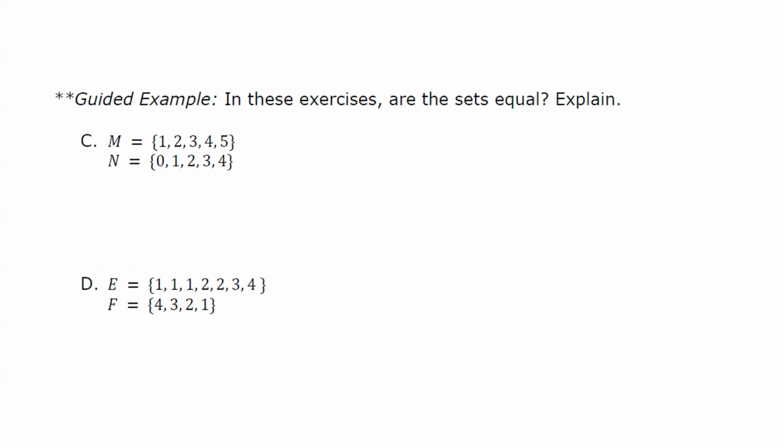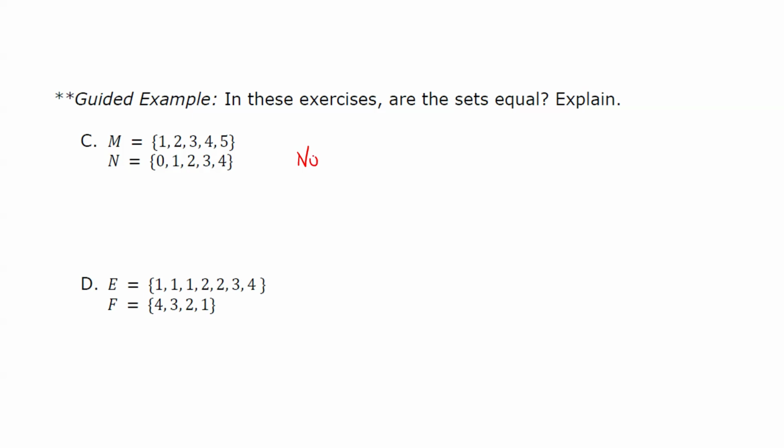All right. In these exercises, we need to state whether these sets are equal and explain. For C, we have sets M and N. For M, we have {1, 2, 3, 4, 5}, and for N, we have {0, 1, 2, 3, 4}. Both of these sets do not contain the same elements, and that is a requirement in order for them to be equal.